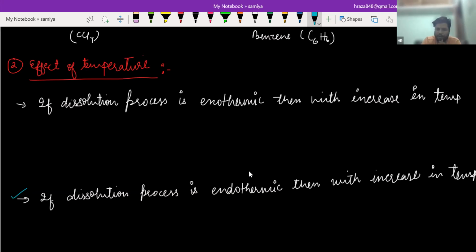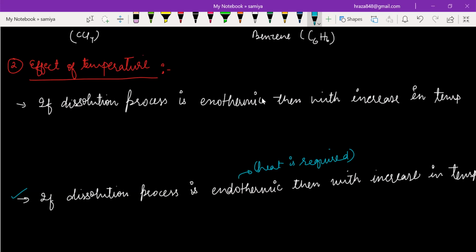What is endothermic? Endothermic means heat is required for this process. You need to give heat to the system or the process or the reaction, then it will go on. Are you getting my point, Rim, Samia and Madiha? Yes, sir.